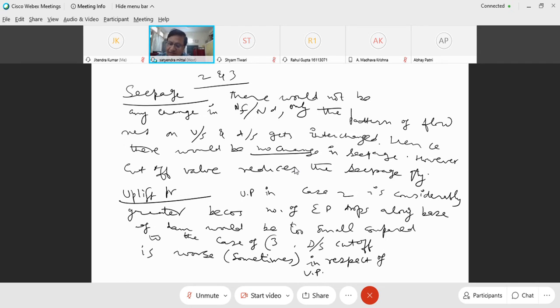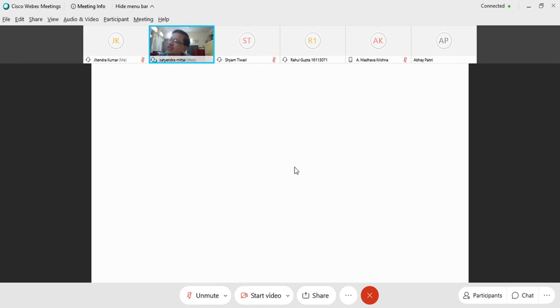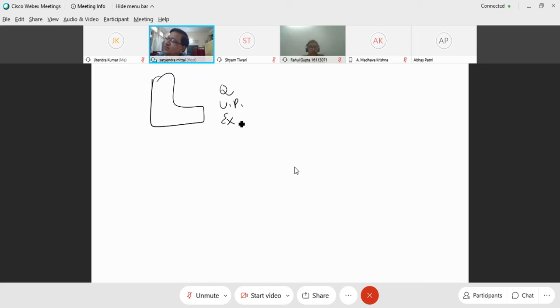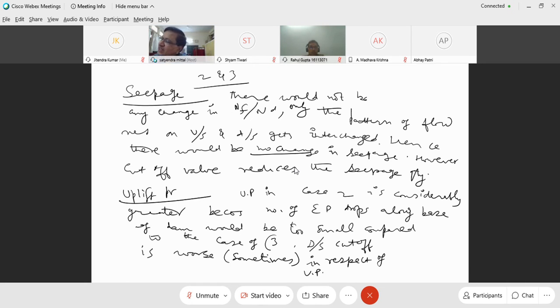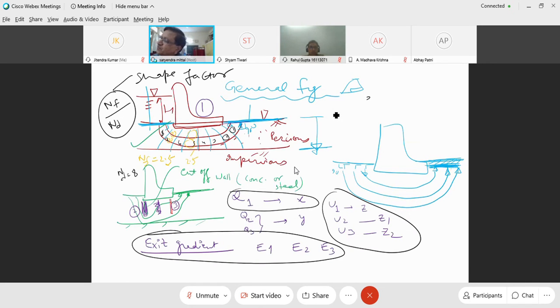We have to make a perfect balance between the 3 parameters. One is the seepage, other is the uplift pressure, and third is the exit gradient. Now let me explain the exit gradient first. What is hydraulic gradient?